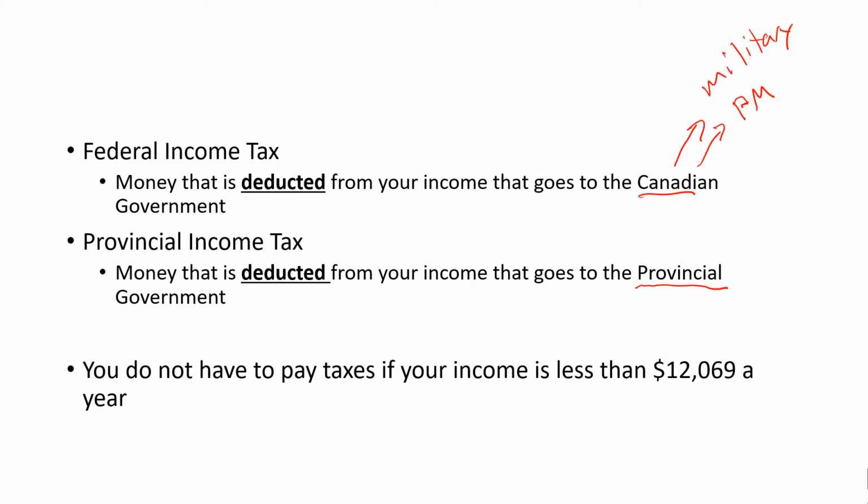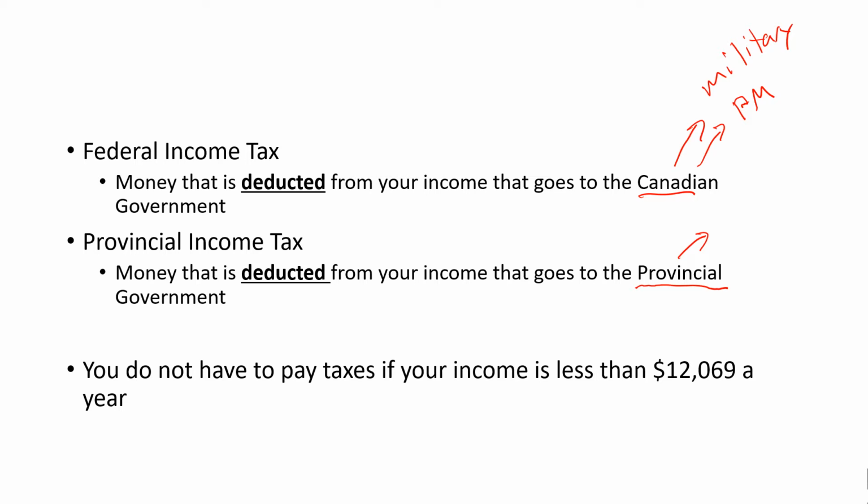Your provincial income tax is going to pay for different services like hospitals, things like that. And these income taxes will go for other things like paying for roads, paying for infrastructure like telephone lines, and water and sewer lines. All that kind of stuff are things that go for income tax.